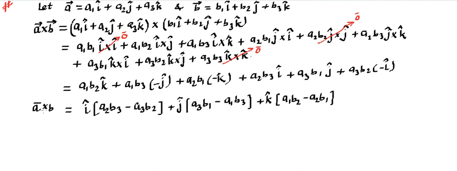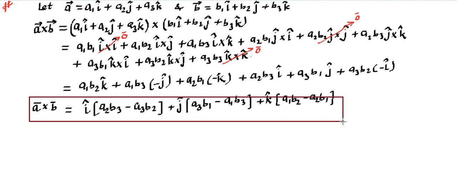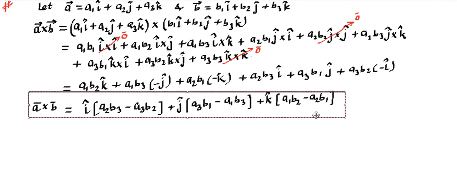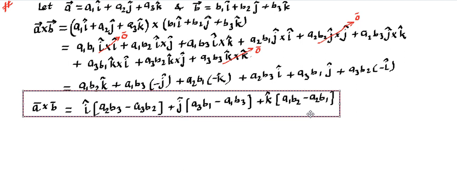So a cross b vector will get this as a formula. Definitely this formula is more complicated as compared to the formula for dot product, because for the dot product we simply have a1 b1 plus a2 b2 plus a3 b3, right? Whereas here we have a lot more terms.